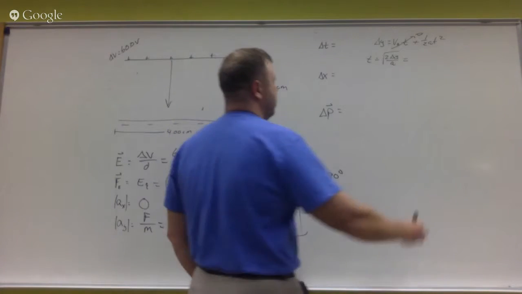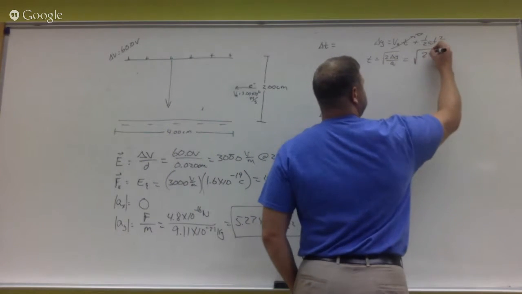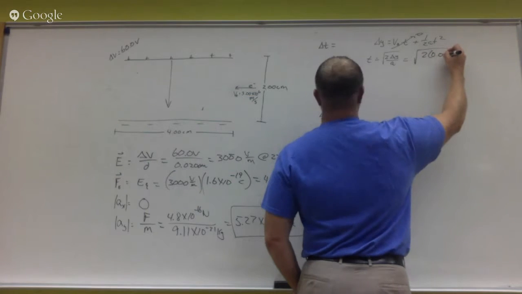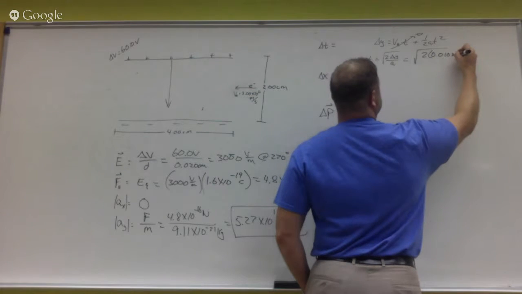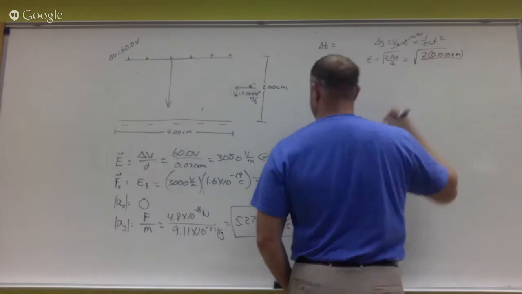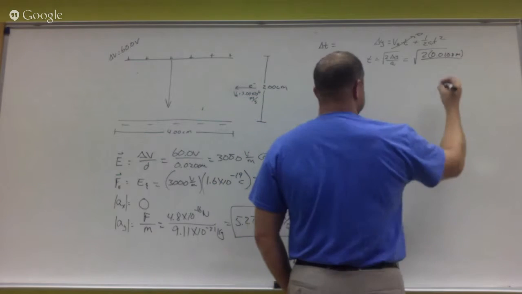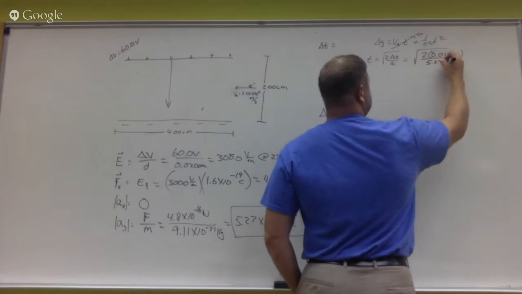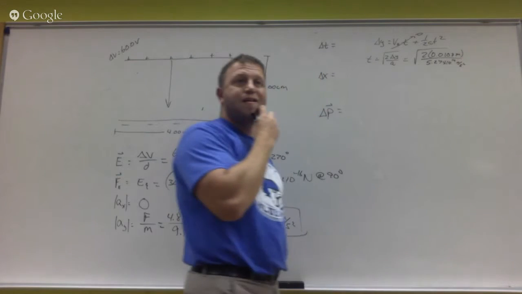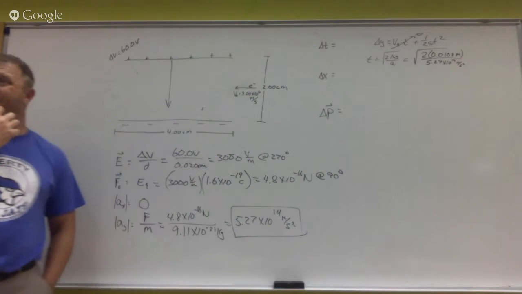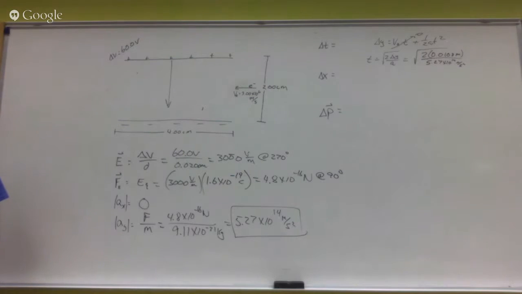All right, so 2 times 0.01, what do I got? 2 centimeters there. My acceleration 5.27. Everyone with me so far on how I set that up?